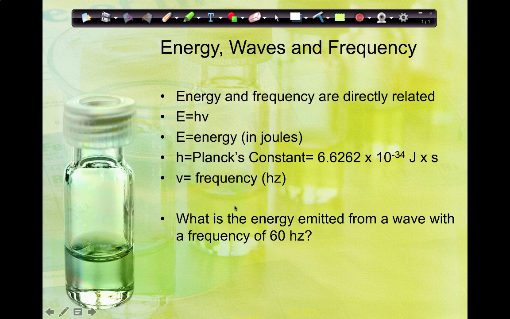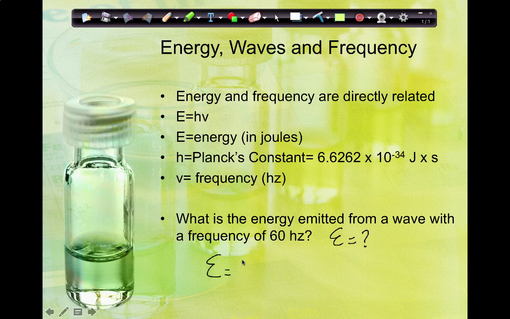So I want to know, for this problem, the energy of a wave with 60 hertz. Well, I know energy is equal to H times V. I have my frequency, so I can simply plug that into the equation.